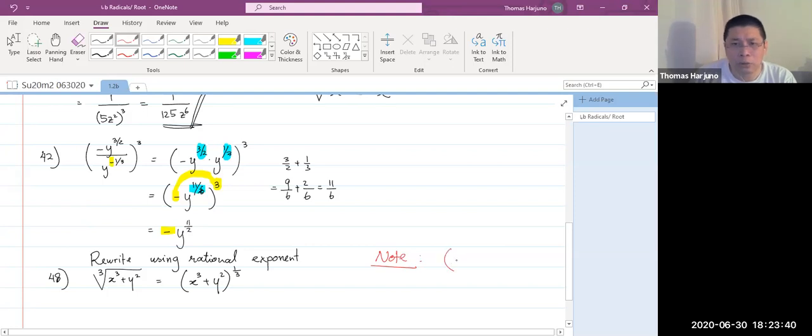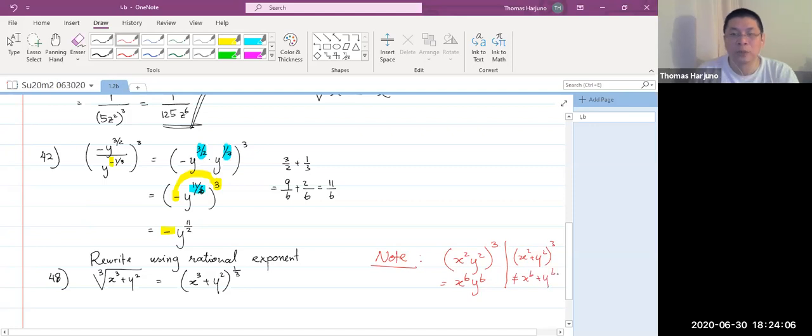It is true that if I have x squared, y squared to the power of 3, for example, this equals x to the 6 times y to the 6. That's true. However, x squared plus y squared being cubed is not equal to x to the 6 plus y to the 6.